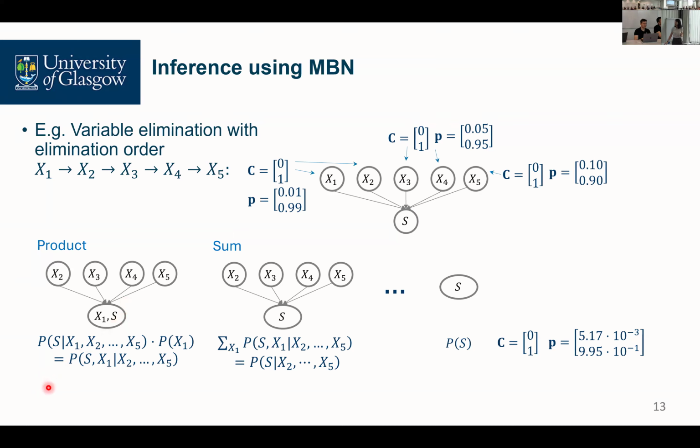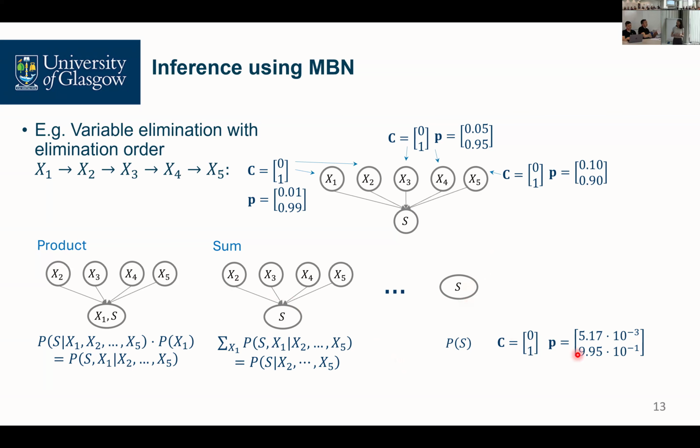Then we go on to summation, where we marginalize x1 to remove this particular variable from the graph, and in this way we have this new graph where x1's uncertainty has been propagated to other components, and we repeat this process until we remove all the specified variables. Now we have this marginal distribution where we can conclude that the failure probability is this much.